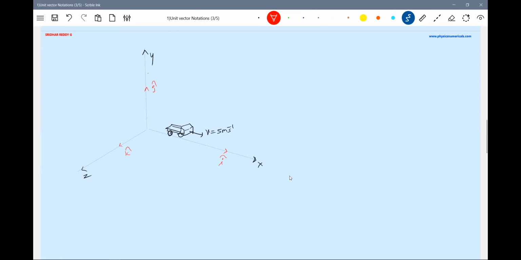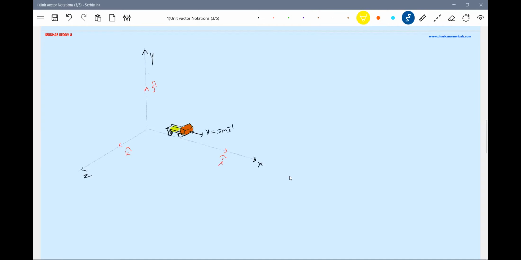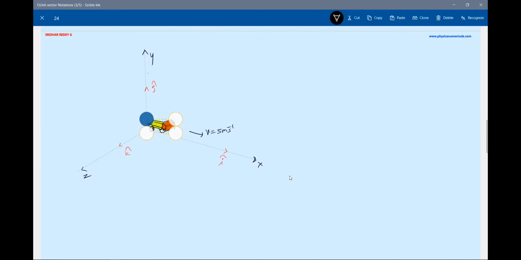So what's happening to the truck? The truck is moving. So it will just move along. You can take any remote control car or something. So this truck which is here starts moving along positive x-axis.